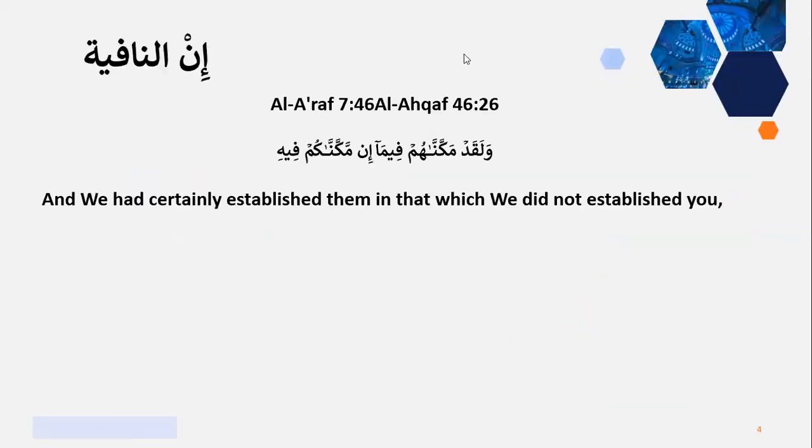We have this example in front of us from Surah Ahqaf: walakad makkannakum fima in makkannakum fihi. The translation is: and we had certainly established them in that in which we did not establish you.